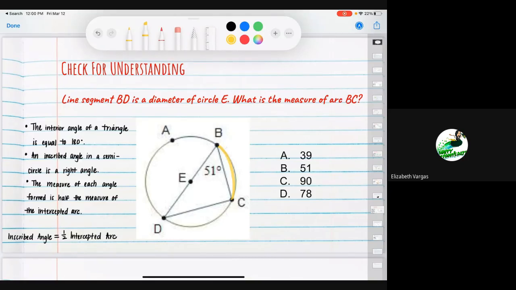All right. So here what we see is that we have an inscribed angle inside of a semicircle. So semicircle. And so because of that, we can disregard this side of the circle. Okay. Our angle which is inscribed in this semicircle is this one right here. We have a vertex.